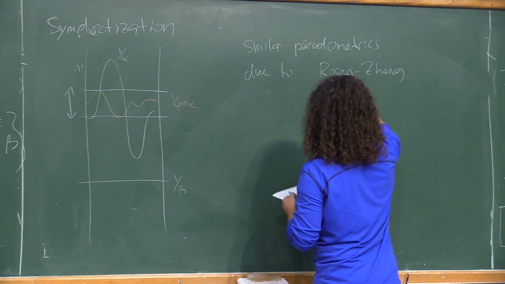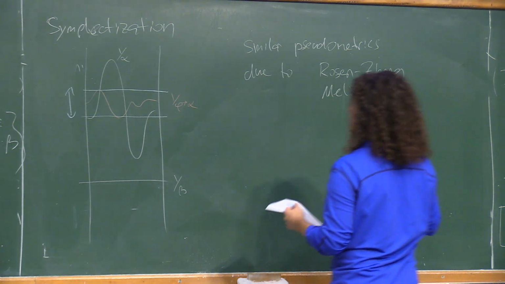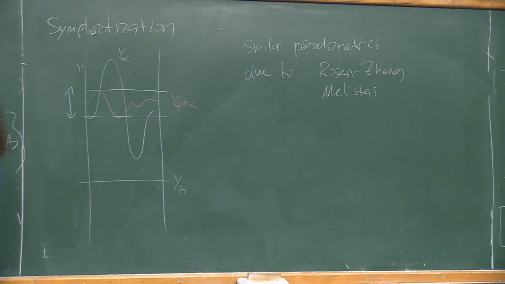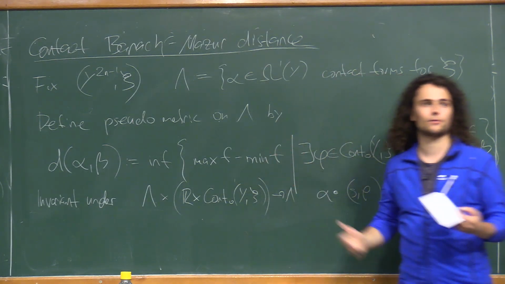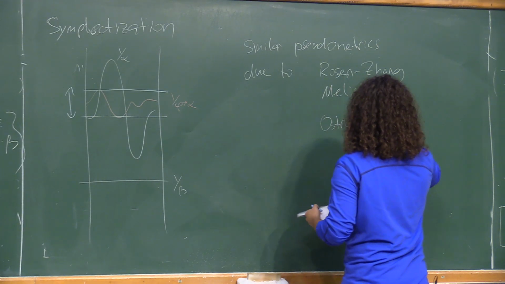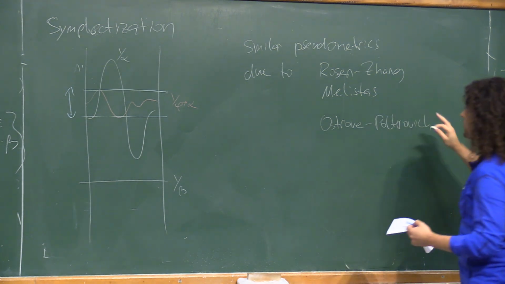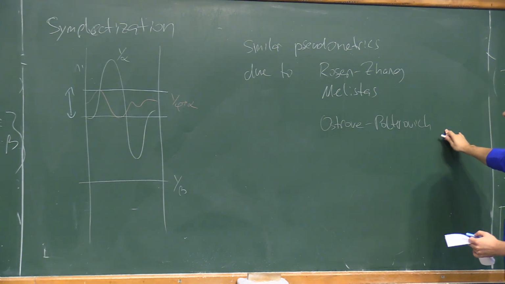There's also work of Melistas, and then there's a version of this, not for contact forms but for symplectic domains, that I think was first proposed by Ostrover and Batoreo, and then further explored by some other people.